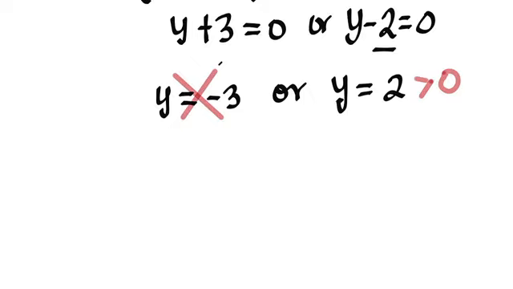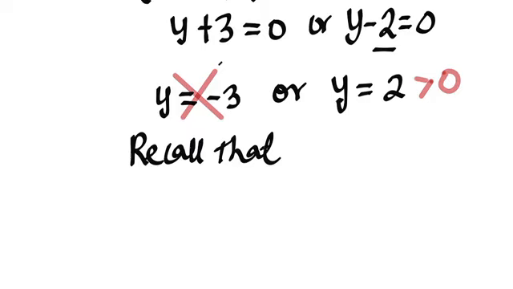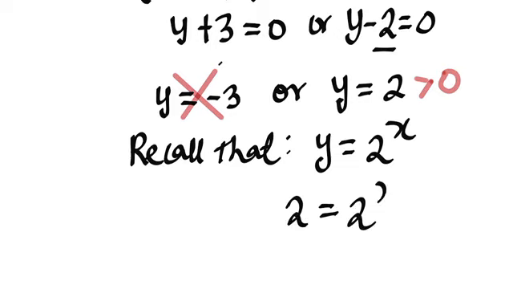So now from there, we need to recall that y equals 2 to the power of x, and we've already gotten our y to be 2, so we're going to have 2 equals 2 to the power of x.